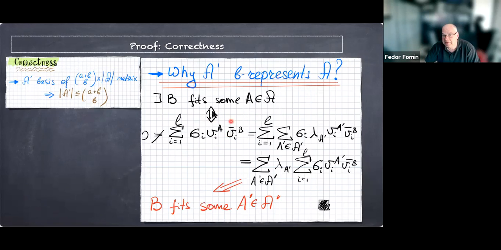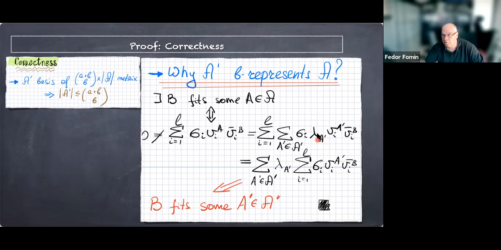By our arguments, it means that this sum is non-zero. But now I'm using the fact that the set A prime is the basis of the set A, which means that every vector V_A can be represented as a linear combination. So this is what I write here, and then I'm just reshaping this formula.